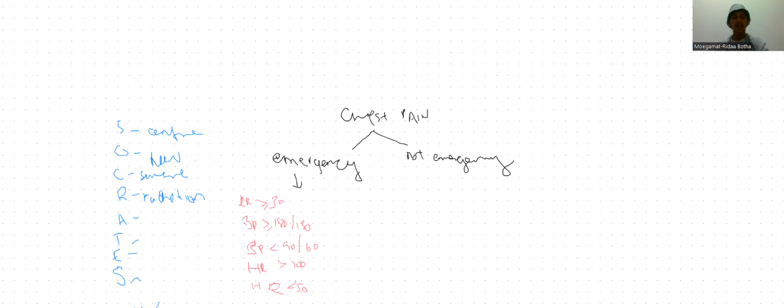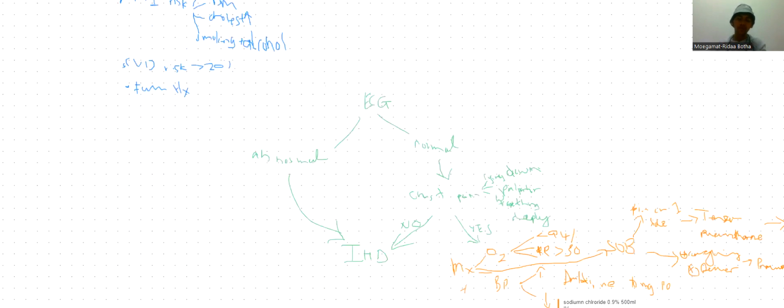Okay. In an acute setting, you go to the ECG. If the ECG comes back abnormal, such as there's an ST elevation or a bundle branch block, then it could definitely be ischemic heart disease, and then there's an approach to ischemic heart disease.